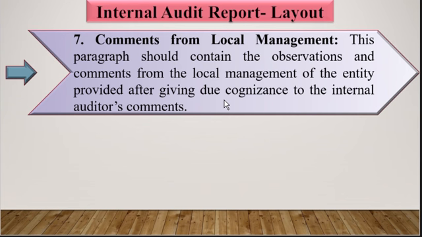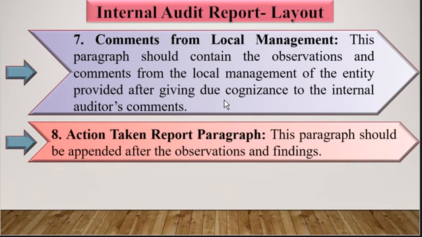This should also include local management's action plan for resolution of the issues and compliance to the internal auditor's recommendations and suggestions on the areas of process and control weaknesses or deficiency. The management action plan should contain the time frame for taking appropriate corrective action, the person responsible and resource requirements, if any, for ensuring such compliances.